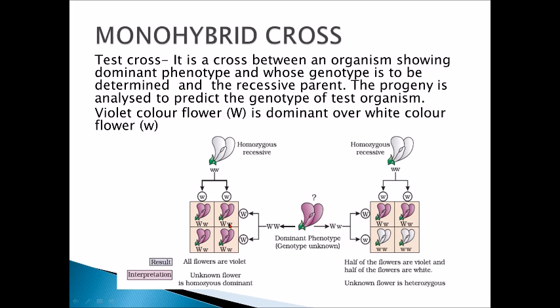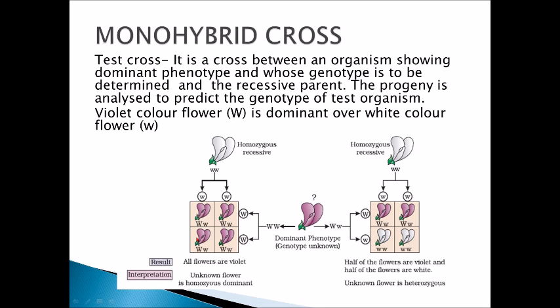The third and the fourth all are having heterozygous combinations, but as the dominant W gene is present, all the flowers show violet color.